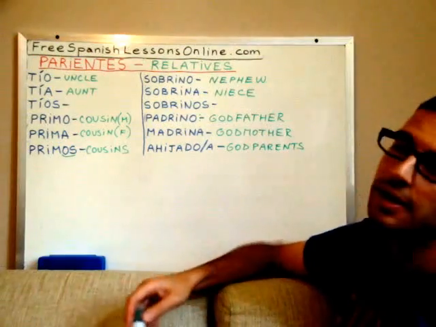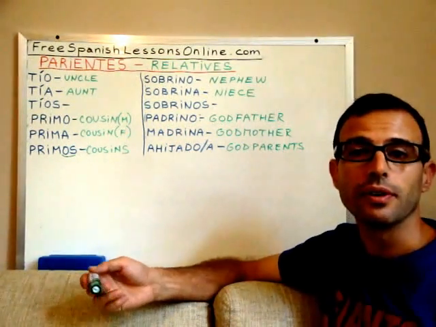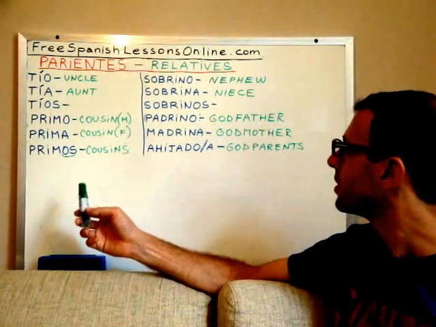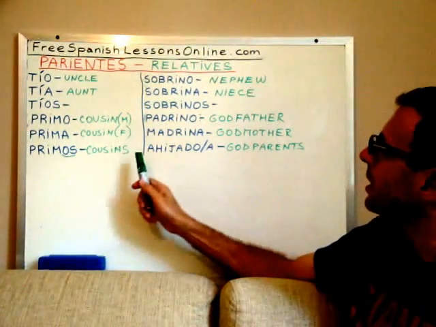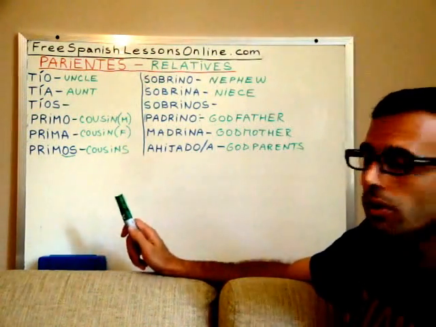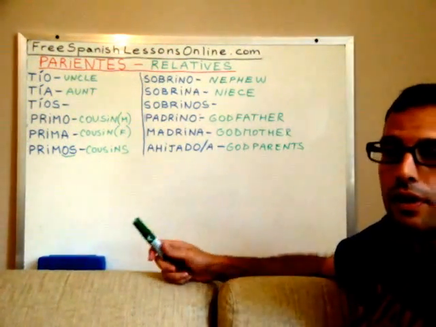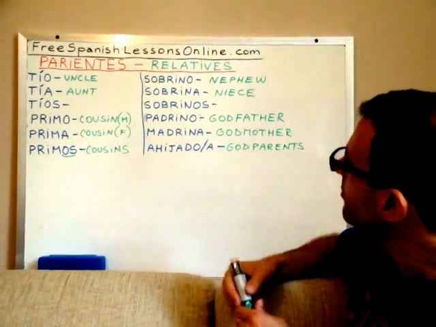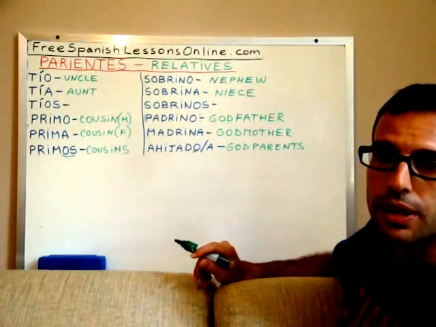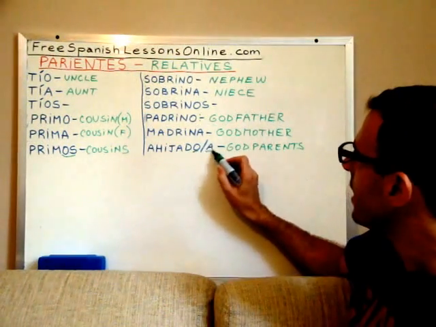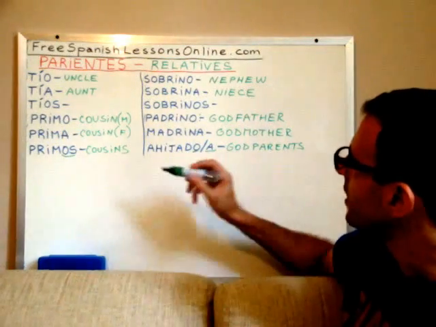And the godson, or I don't know if you call it like that in English, but the godson or goddaughter would be ahijado or ahijada, ending with A, right? So the godson would be the ahijado, ending in O, and the goddaughter would be ahijada, ending in A. Notice the H here, right?